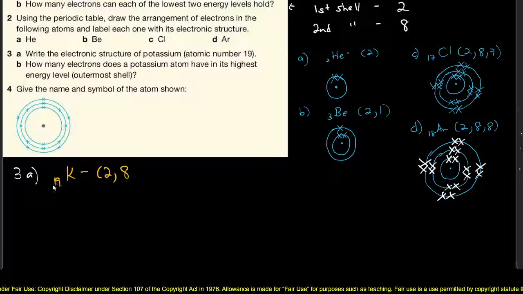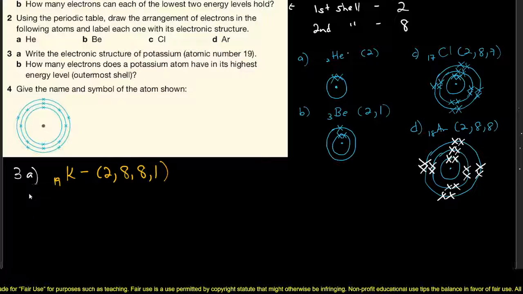So that's 10, right? Yes, we can. Can we fit 8 into the third shell? Yes, we can. This comes up to 18 electrons. And the last electron is going to fill into the fourth shell. And this is our electronic arrangement of potassium.